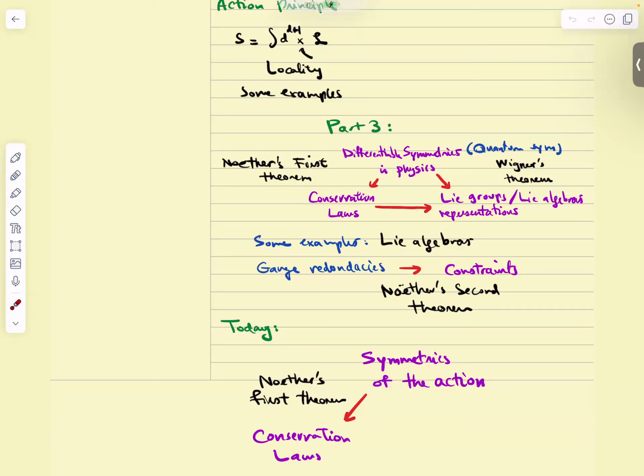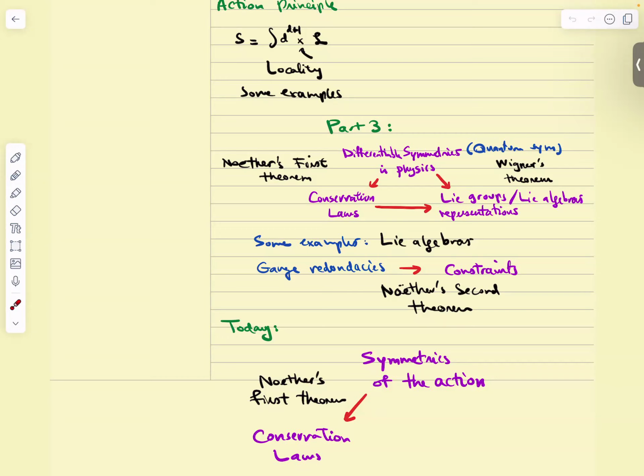Now, the connection between symmetries and conserved currents, we will split the discussion into 2 parts. We'll talk about Noether's first theorem, which is the case of global charges.